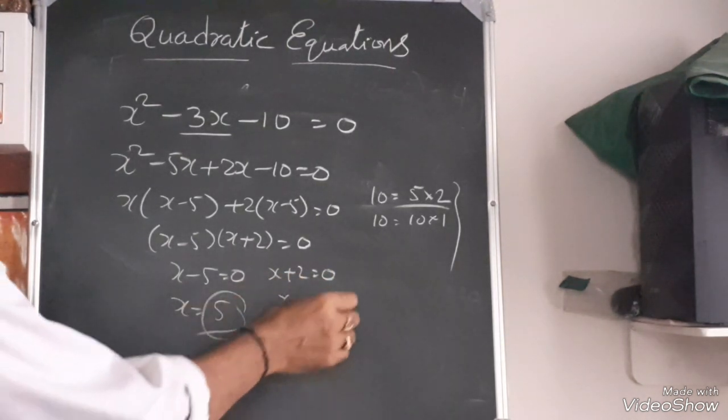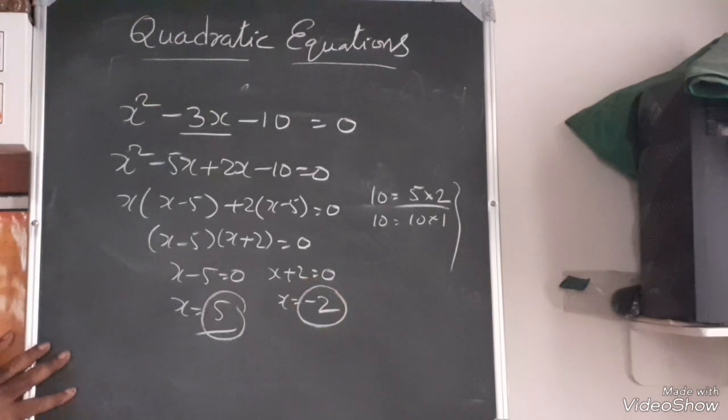So 5 and minus 2 are solutions of this quadratic equation, or they are also called roots of the quadratic equation. Since the degree of the quadratic equation is 2, we can have 2 roots. Is it clear? Now let us see one more problem.